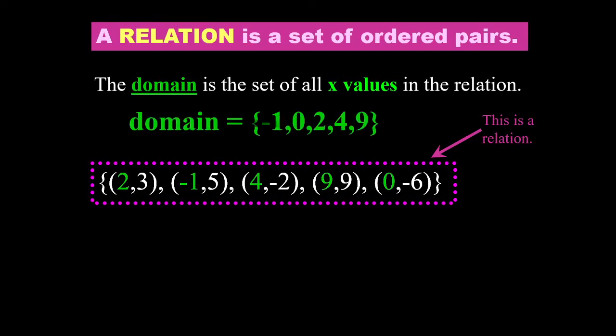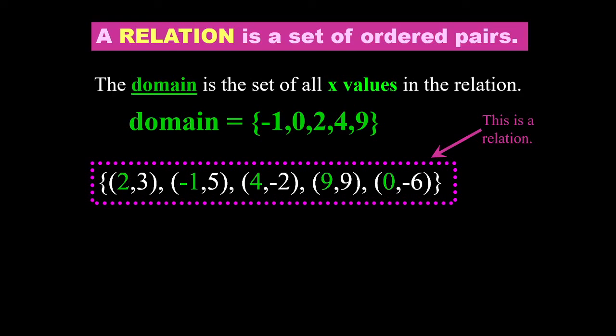So I'm gonna start with -1. Then I have 0 here. Then I have 2. I have 4. And I have 9. And that is what you call the domain. Again, class, the domain is the set of all x values. The first numbers here is what you call your domain.